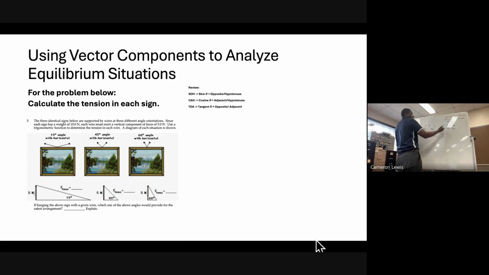And more specifically, what component? The Y component, because we're talking vertical. We don't care so much about the horizontal. We care about the vertical. So now for each scenario, we want to find out what this part is, because this part has to be equal to F grav. Ty, Ty.